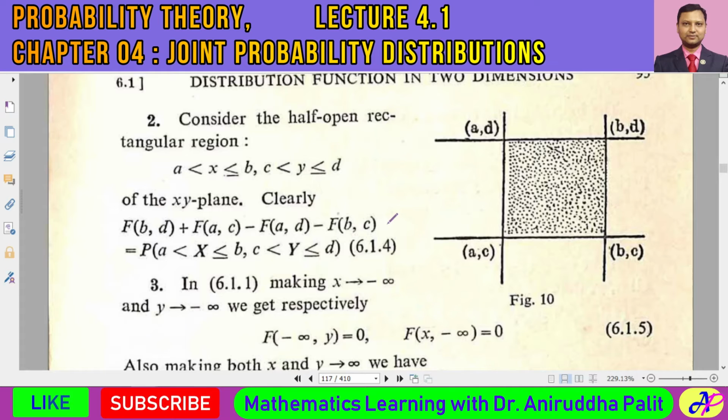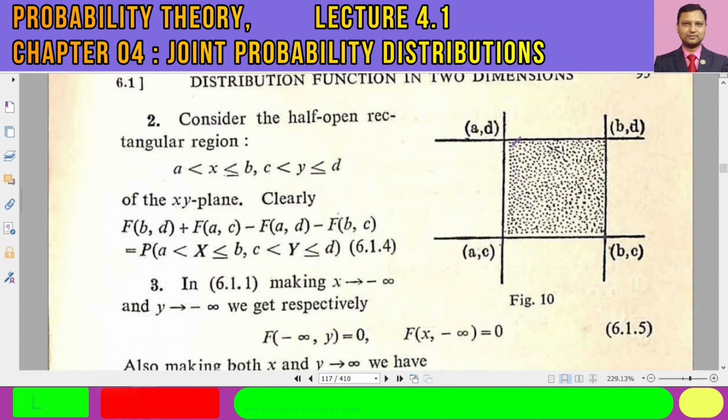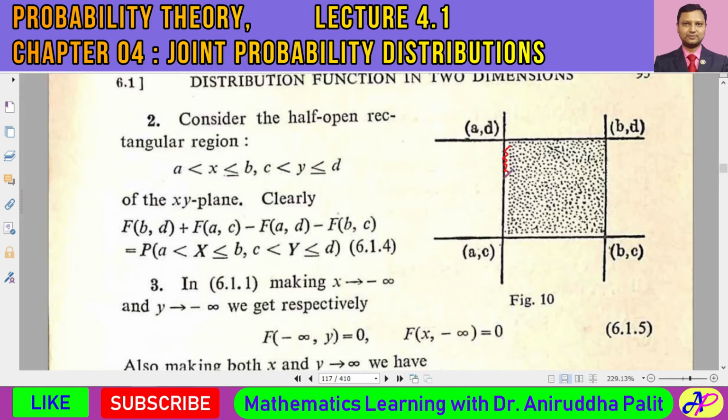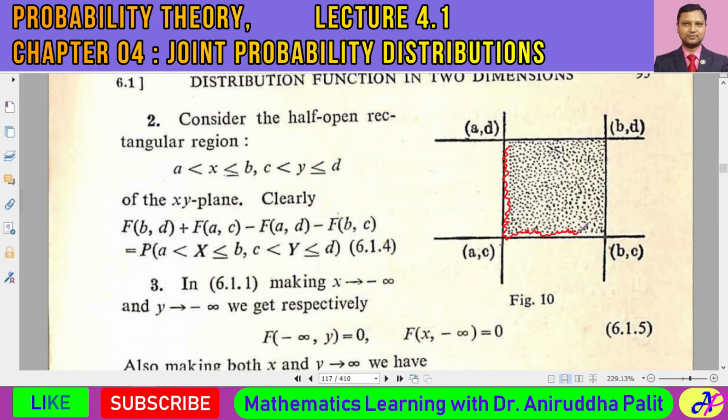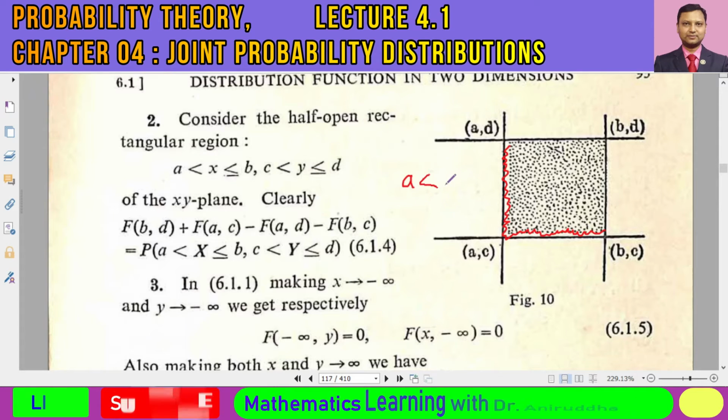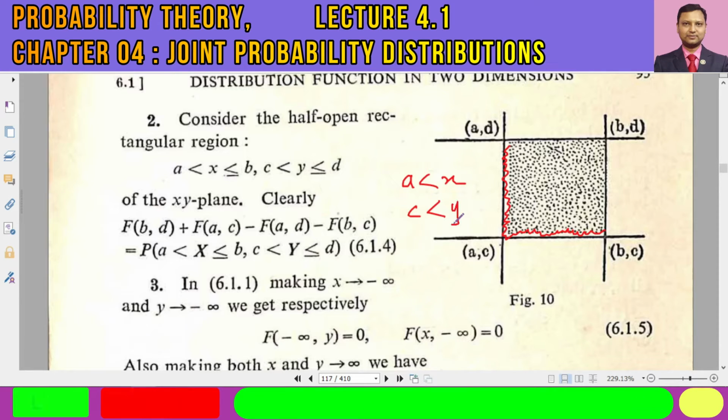And in such cases, we can prove from the previous results the probability of this kind of zone. If you look at this carefully, there is a small gap over here, just to describe that: a is strictly less than x and c is strictly less than y.